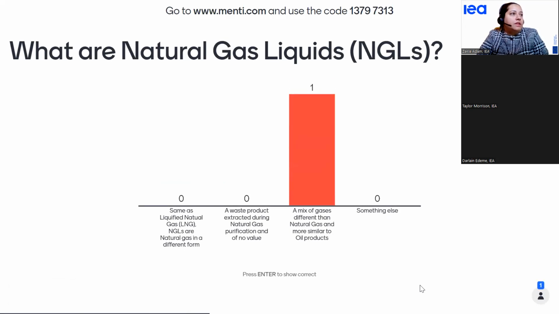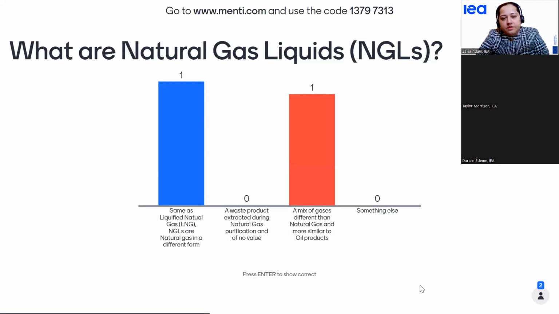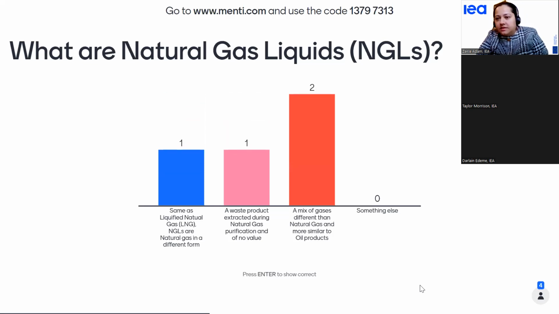Are natural gas liquids a waste product extracted during natural gas purification and of no value? Or is it a mix of gases different from natural gas and more similar to oil products? Or is it something completely different? So sometimes there are some confusions between NGLs and LNG.